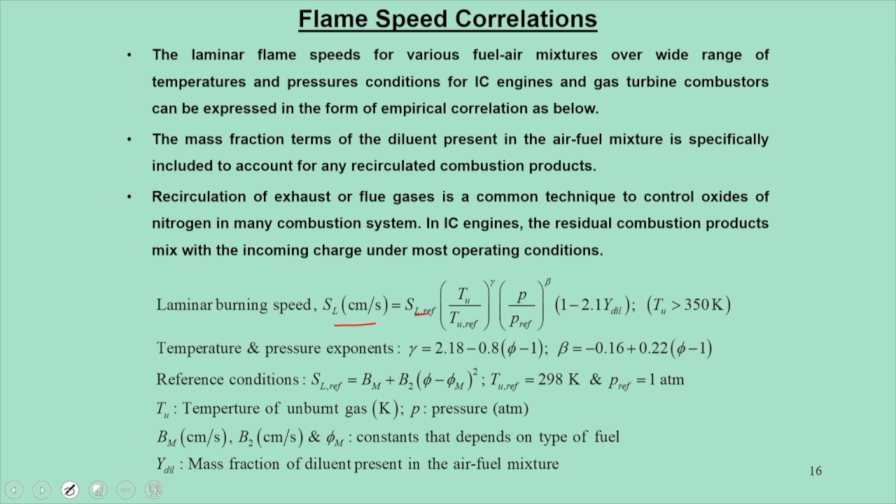The arbitrary condition is nothing but the temperature of the unburned charge and pressure at that point. When you look at the flame speed at some reference pressure and temperature, this way we can calibrate a system with certain pressure and temperature as reference conditions, and it will give you the corresponding laminar velocity or burning speed at those reference conditions.